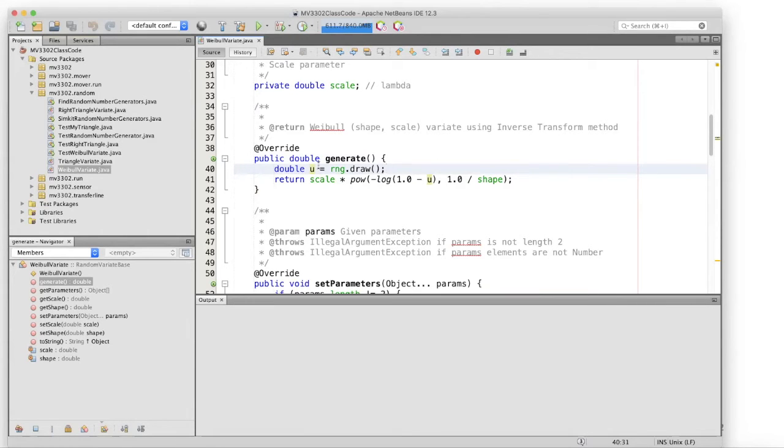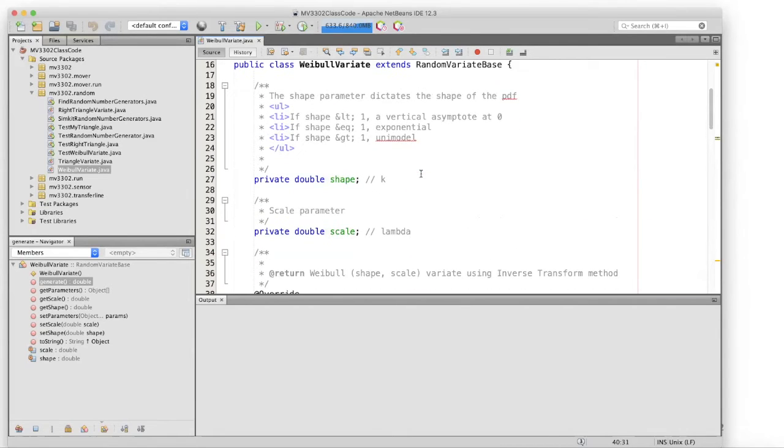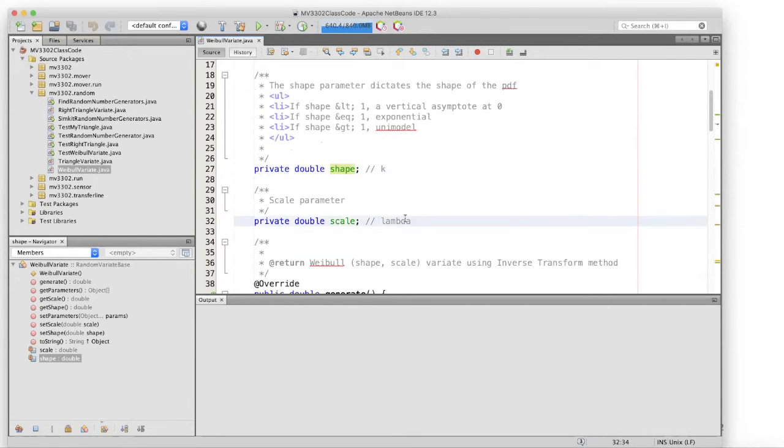In this particular context, calling it U is not the worst thing in the world. Usually when we're writing code, we want our variables to be a little more descriptive. Here, that's descriptive enough. But then notice that in defining our variables, like the shape variable K, I called shape, and lambda, the scale parameter, I called scale.